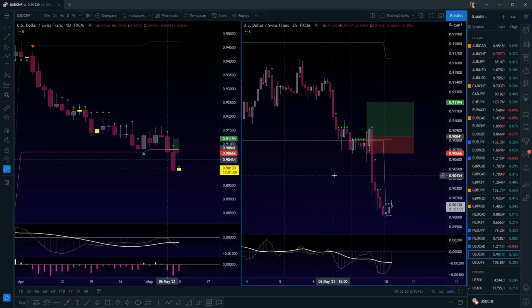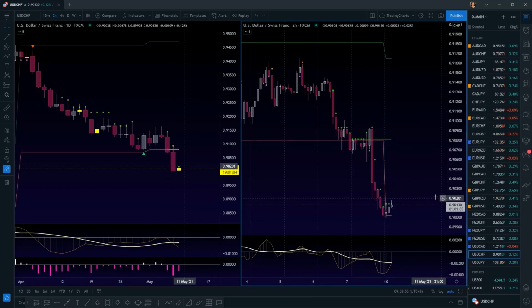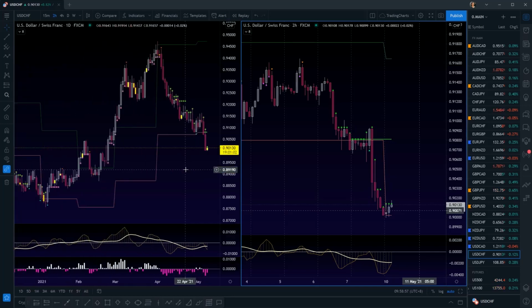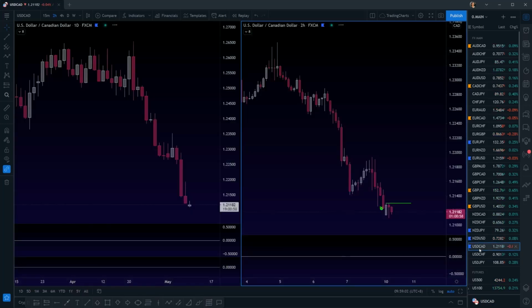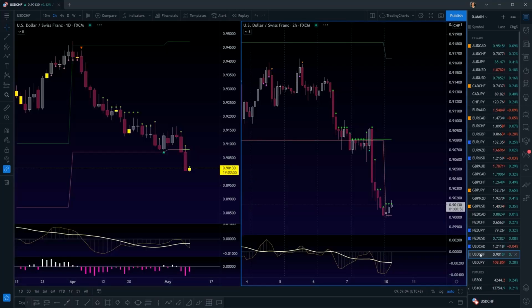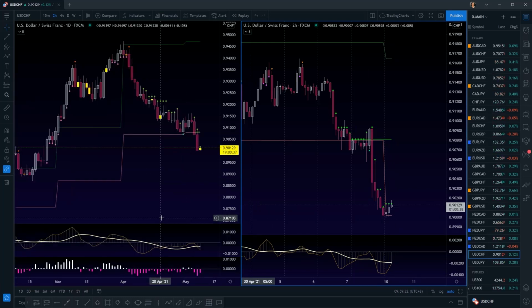US dollar Swiss, let me just get rid of this. Yeah, you got a white range as well. This is a white range bar, so I'm gonna take a note. You got two continuous, so this is highly likely a consolidation candle, right?